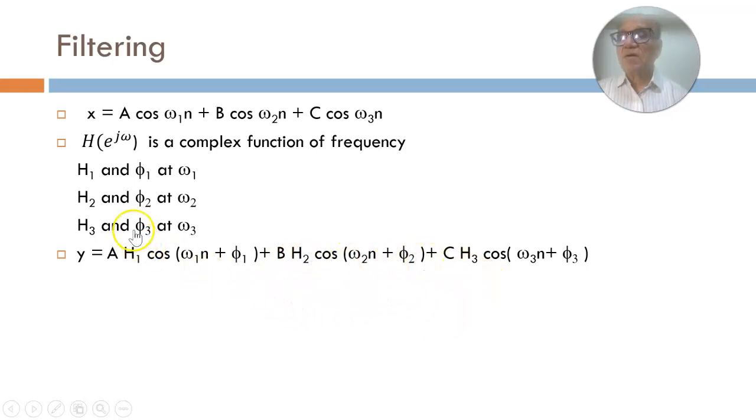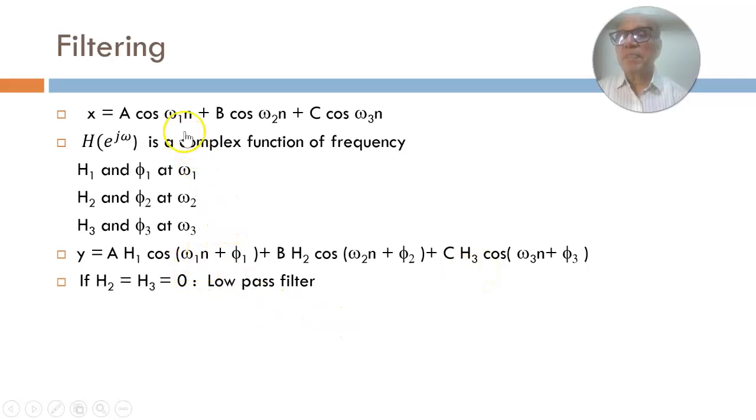So now depending on how you have designed your transfer function, you can build a filter. For example, suppose H2 is 0 and H3 is 0, then no matter what B and C etc. are, these two terms will vanish from the output. So you will get only low frequency.